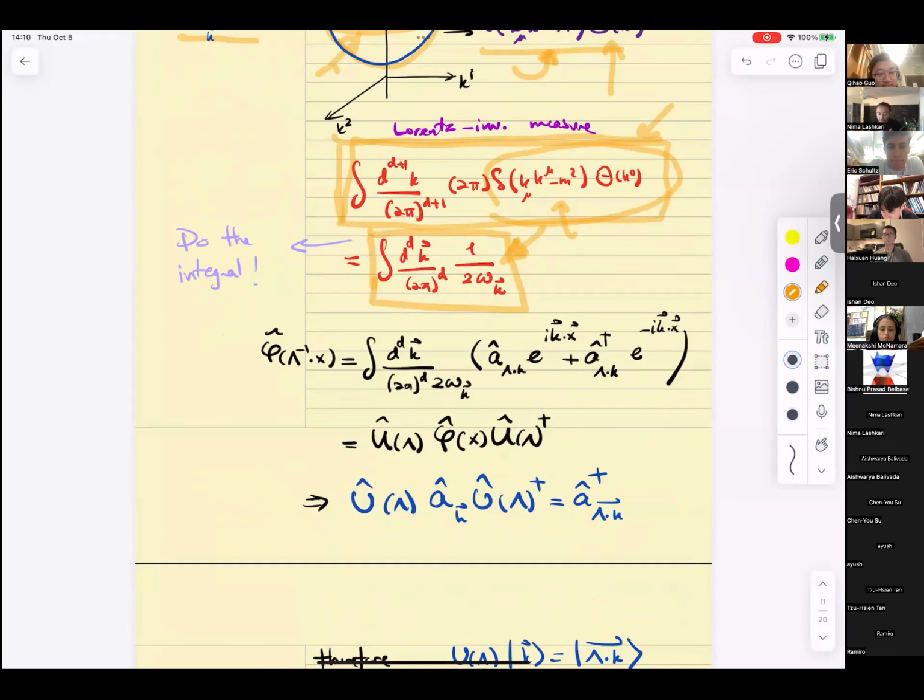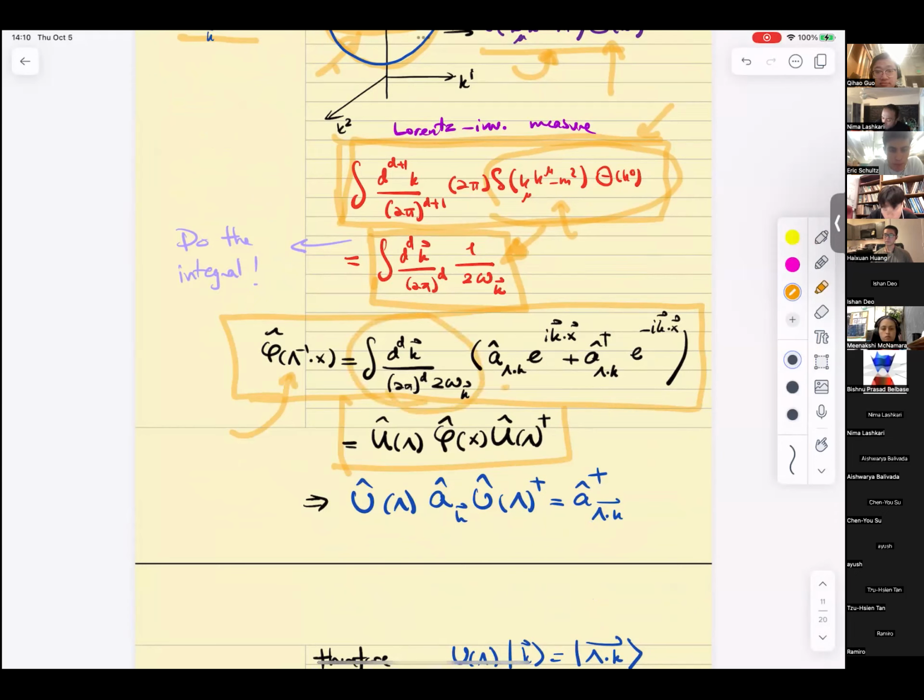That's very important because now, if you look at the expression we have for phi of x, and apply a boost, a Lorentz transformation, to x, that's captured by the following unitary terms. Because this measure is Lorentz invariant, all that's happening is that k goes to Lambda acting on k.